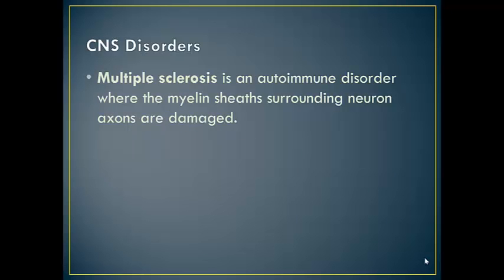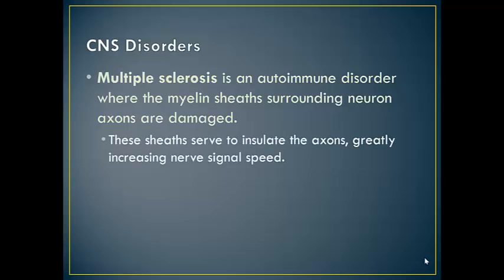Another disease is what we call multiple sclerosis, or maybe MS, you've heard it. It's an autoimmune disorder where literally your body begins to attack the myelin sheaths that are surrounding your axons, causing you to literally have a delay in some of your signals that are being transferred. Now, pretty much what these myelin sheaths do is they serve as an insulation for axons, and they also help with the nerve speed.